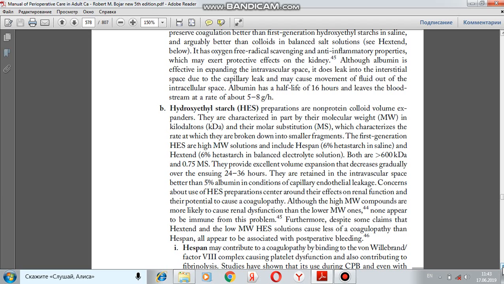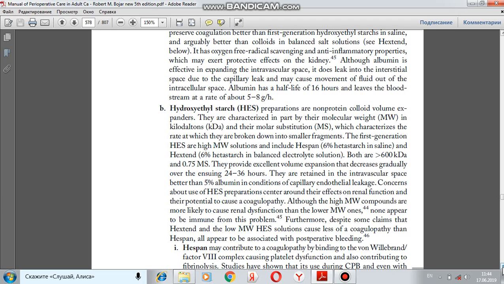The first generation hydroxyethyl starches are high molecular weight solutions and include Hespan, 6% hetastarch in saline, and Hextend, 6% hetastarch in balanced electrolyte solution. Both are more than 600 kilodalton and 0.75 molar substitution.